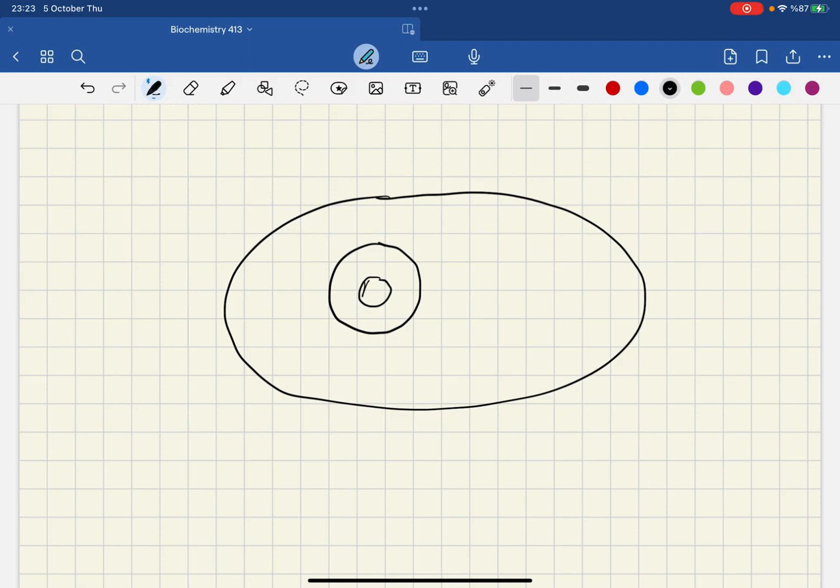This little sphere is called the nucleolus. Let me write nucleolus. All right? And this is the smaller part inside of the nucleus, and it is the site of ribosomal DNA synthesis.